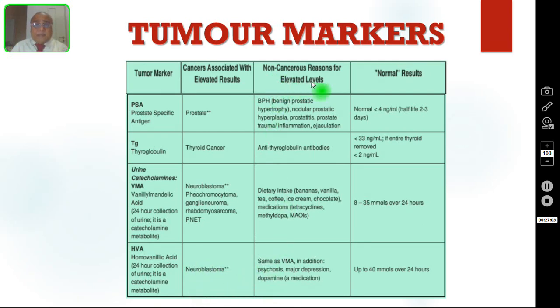The non-cancerous conditions are the same as for the VMA. In addition, it is also elevated in psychosis, major depression, and if the patient is taking dopamine as a medication, in that case also the HVA is elevated. The normal level is up to 40 millimoles over 24-hour urine collection.